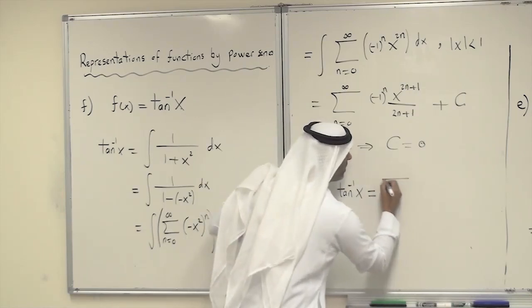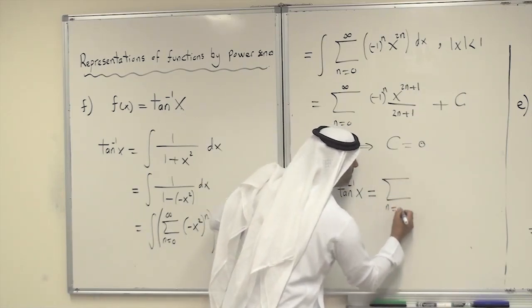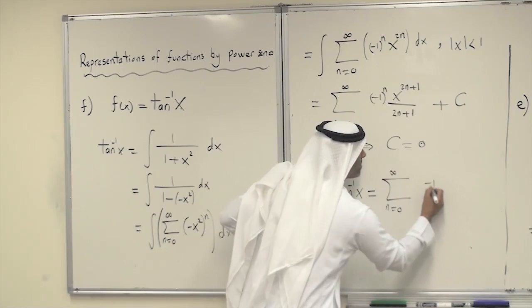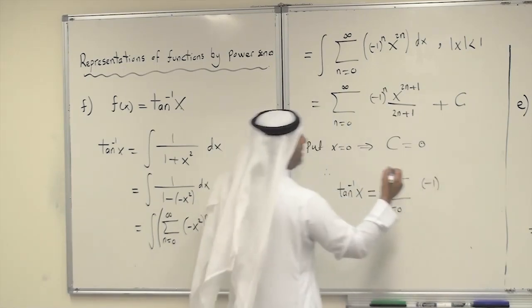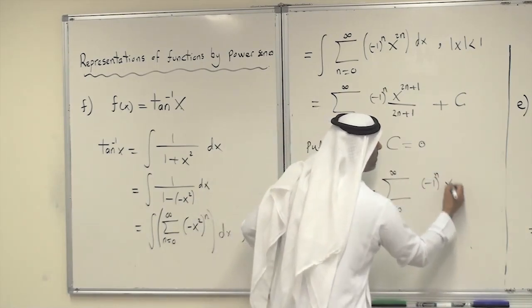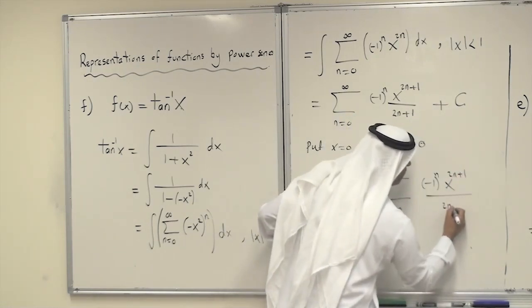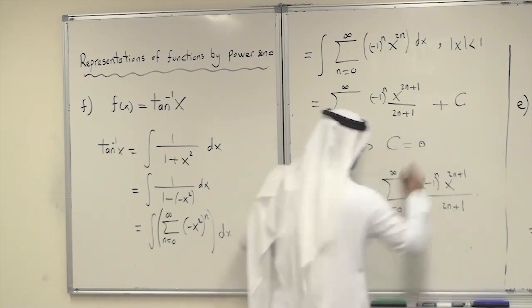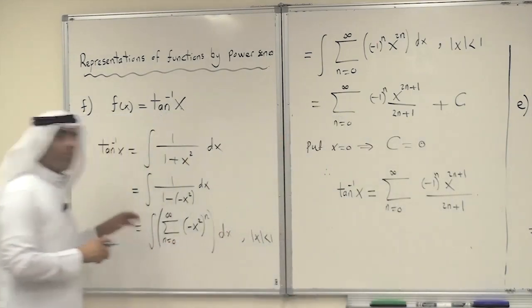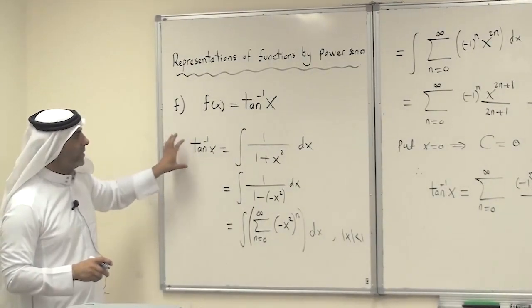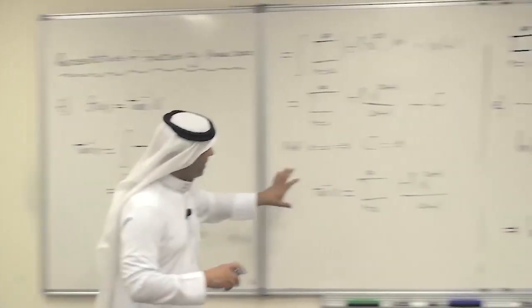And in conclusion, this implies that tangent inverse of x can be represented by the following summation: n equal to 0 up to infinity of (minus 1) to the power n, x to the power 2n plus 1, all divided by 2n plus 1. Let me say some words about this nice result. This is a very interesting series.